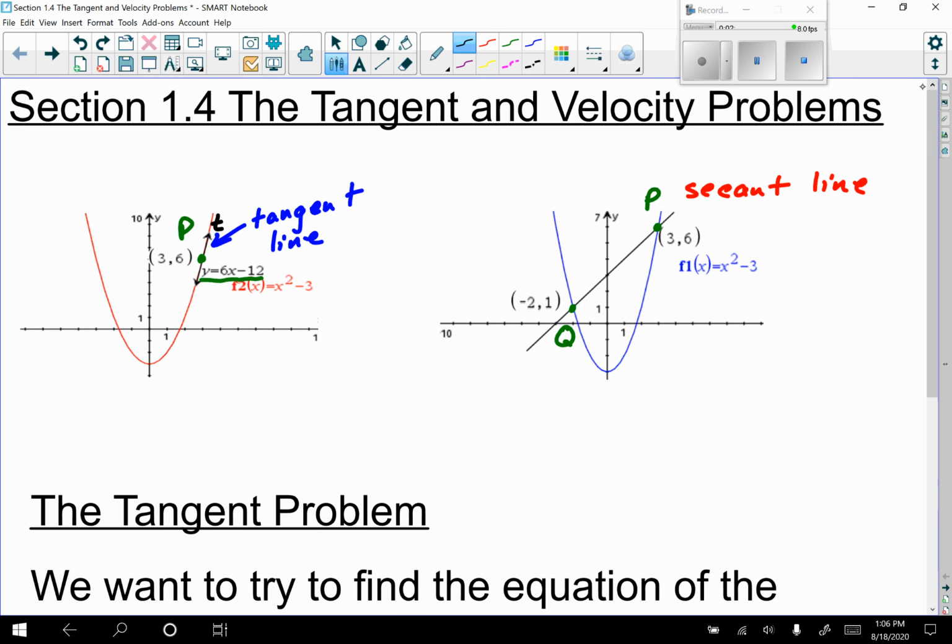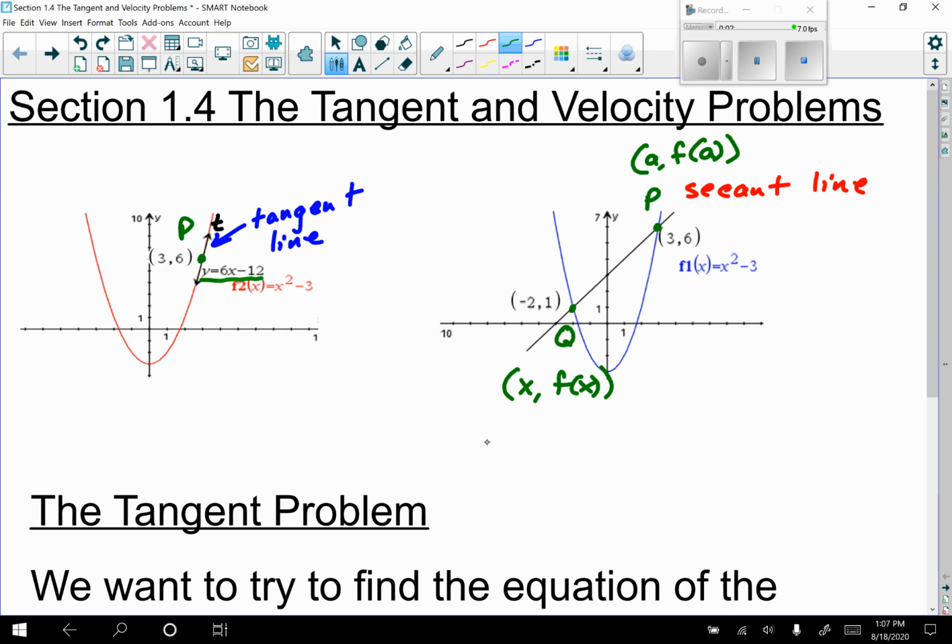Well, we move closer to it by using what we know so far, by looking at the secant line. So right now, with these two points, I'm going to call point P (a, f of a). Ignore the fact that it's 3, 6 as a specific point. I'm just saying any point P on a curve, we're going to use a and f of a, and you're going to see why, because with Q, I'm going to use x and f of x.